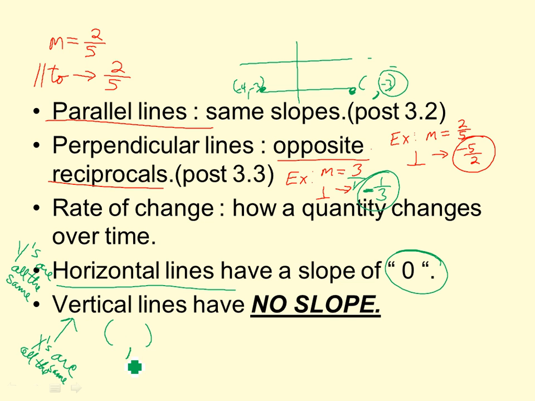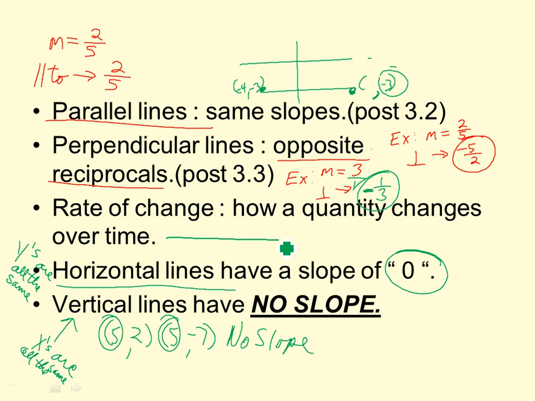So if I gave you something like this, 5, 2, gave you those 2 points, 5, -7, told you find the slope of it, instead of going all the way through and using the formula, you could look at it and say, hey, those 2 x's are the same. Well, if the x's are all the same, it's a vertical line, so the slope of this line would be no slope. It doesn't have a slope because it's a vertical line. That only works if the x's are the same, or if it's a horizontal line, the y's are the same, you could say the slope is 0.